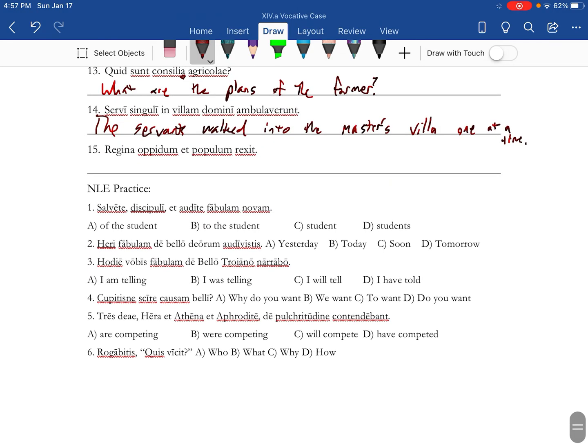Well, we're almost done. Not too many more of those left, right? The queen ruled. All right, rexit coming off the third principal part. So ruled. The town and people.